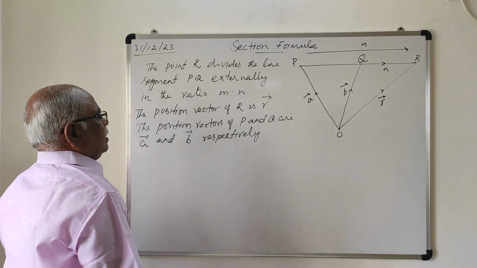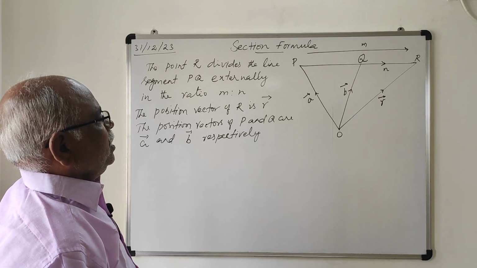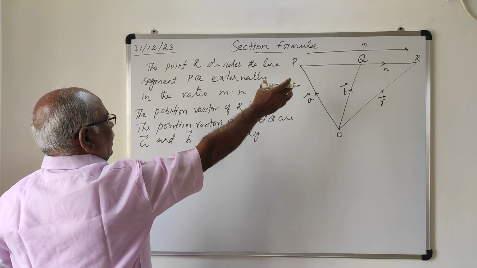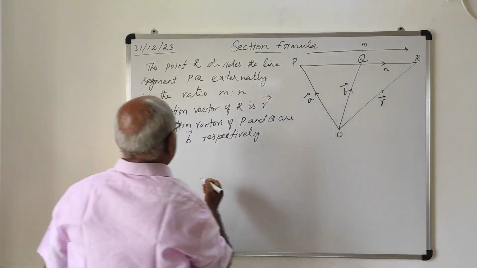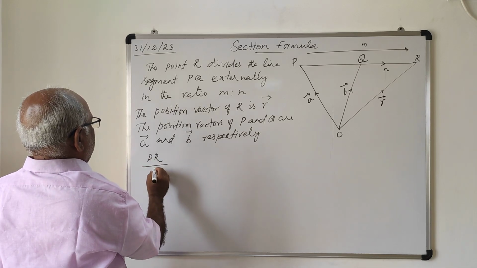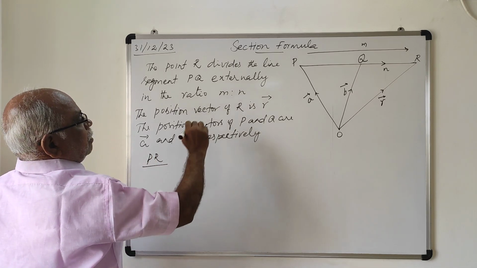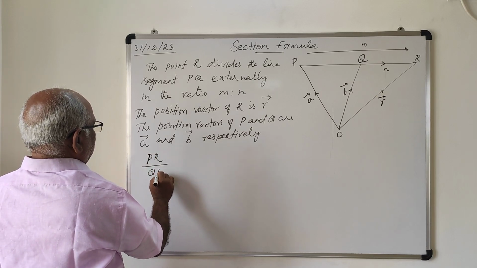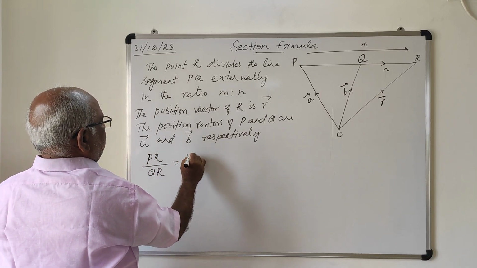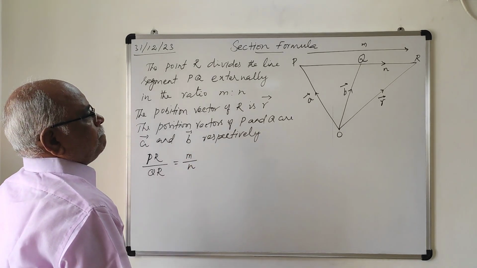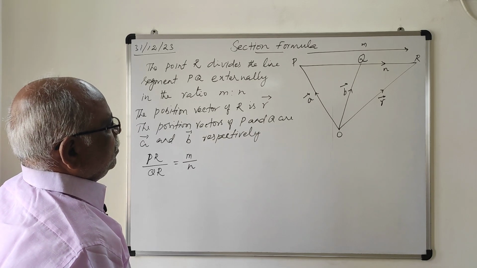OP is A vector and OQ is B vector. Now we know that R divides PQ externally in the ratio m:n. Therefore, PR by QR is equal to m by n, QR is n, PR is m.